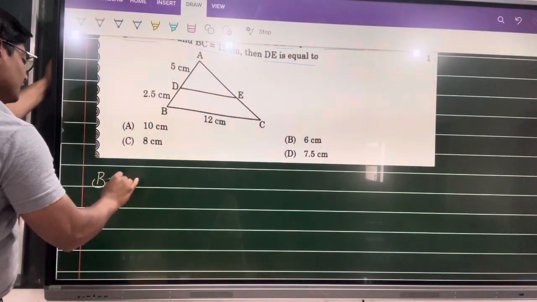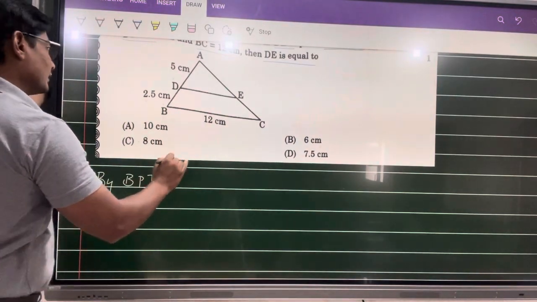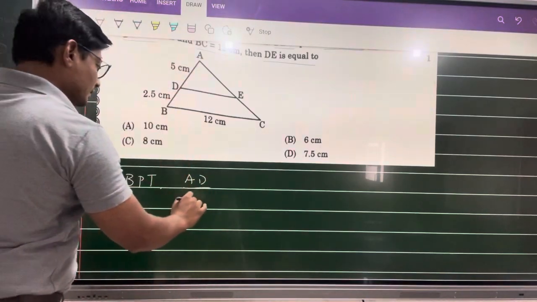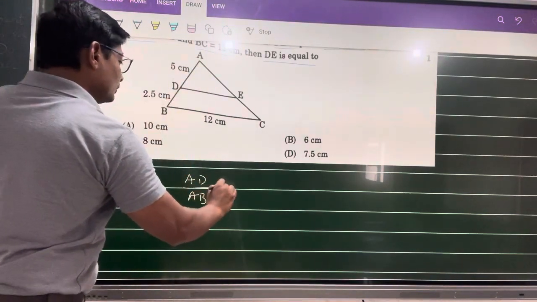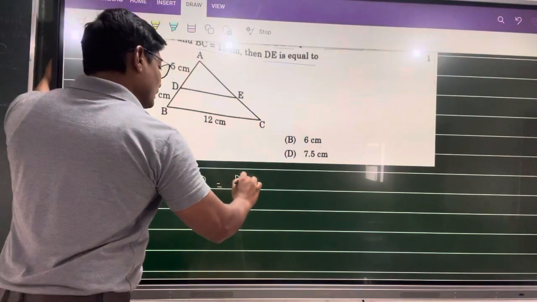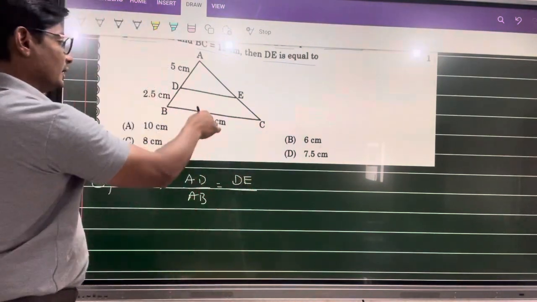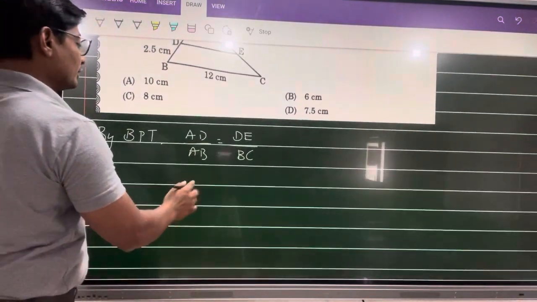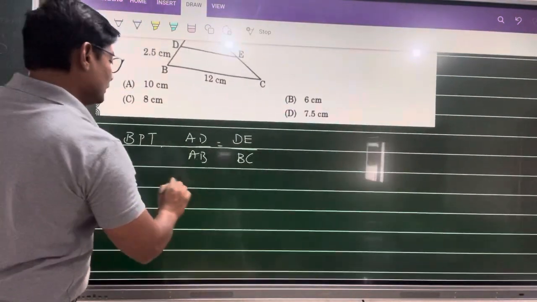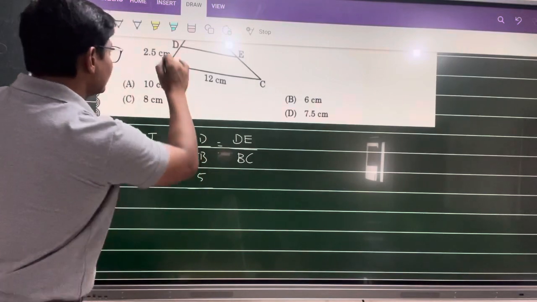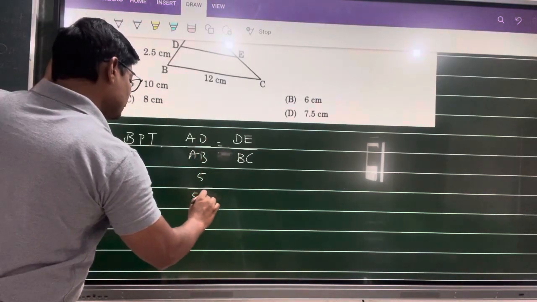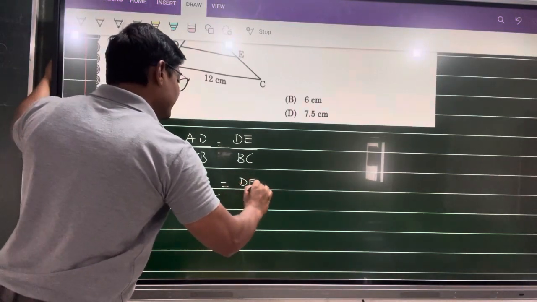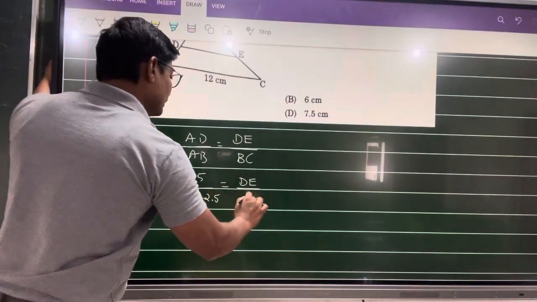So by BPT, directly we can write that condition. AD upon the total length AB equals DE upon BC. Now substitute the given values. AD they have given 5, and AB is the sum of the two values, 5 plus 2.5, and DE we have to calculate. BC they have given 12.